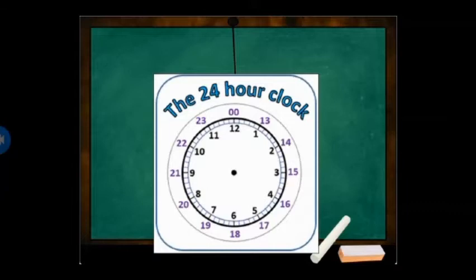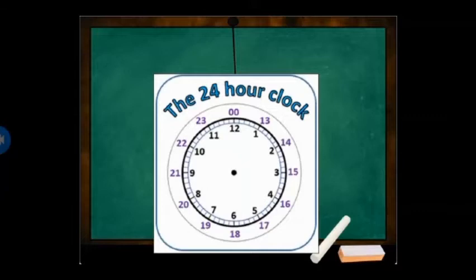So now in the afternoon after 12 o'clock, it is 1 o'clock, but in railway timings they don't say 1 o'clock, they say 13 hours, and for 2 o'clock they say 14 hours, 3 o'clock 15 hours, and so on, till 11 o'clock it is 23 hours, and 12 o'clock it is 0 hour, because you are going to start a fresh day from 12 o'clock onwards.